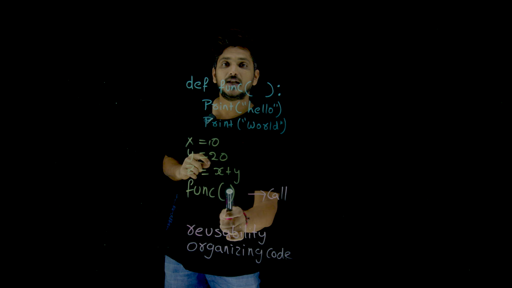And the second point, we can organize the code in a structured format. Assume that in this function, we have written a business logic. Suppose, take addition of 2 numbers. Code has been written in this function. Subtraction of 2 values has been written in another function on the top.